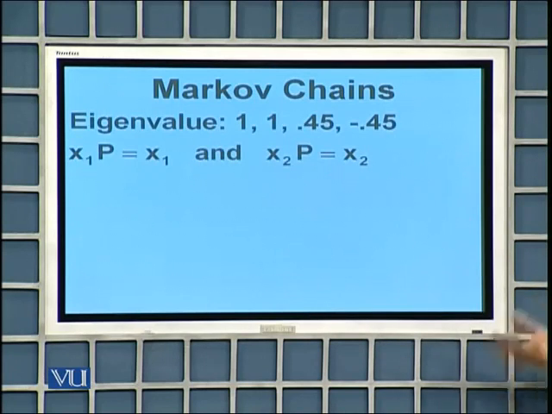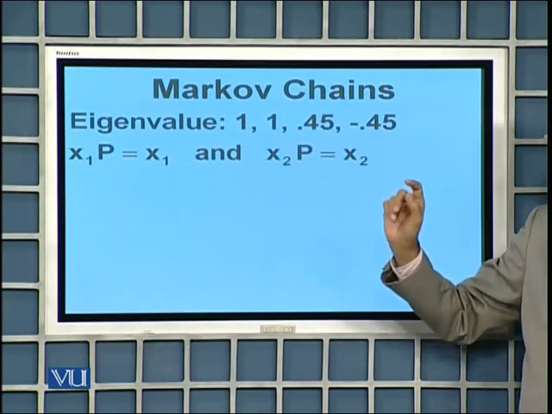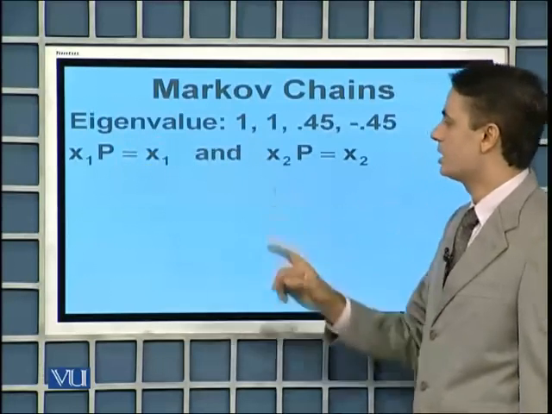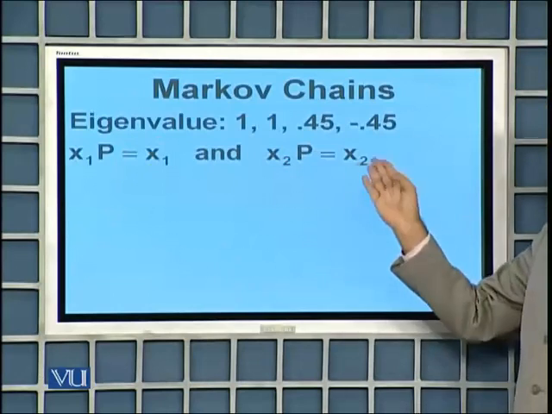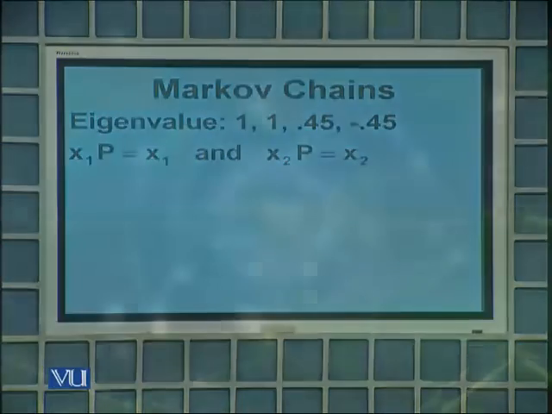But they can be any other two eigenvectors corresponding to the two eigenvalues of 1 and 1. If we have these two eigenvectors, then x1 times P is the same as x1 and x2 times P is the same as x2, because the associated eigenvalue for these two eigenvectors is 1.